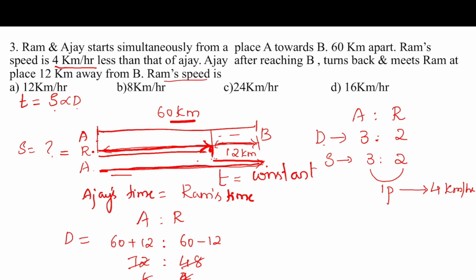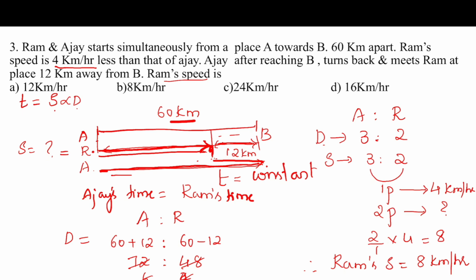Then they are asking us Ram's speed. Ram's speed is in the ratio 2 parts, so it is 2 by 1 into 4, which is equal to 8. Therefore Ram's speed is 8 kilometers per hour. Okay, so option B is the answer.